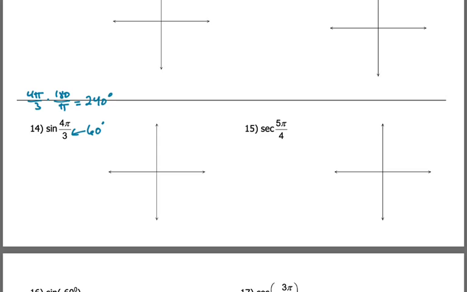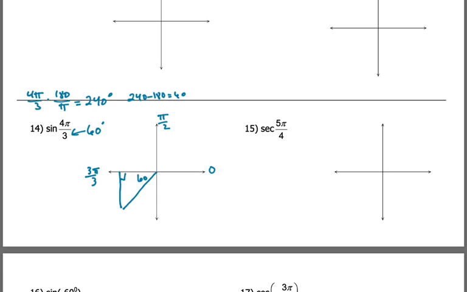Another way to do that is just using your pi over 3's. This is 0, this is pi over 2, this is 3 pi over 3, or pi, and so 4 pi over 3 is going to be over here in this quadrant, which is where 240 degrees would be. And then this is your reference angle, that's 60 degrees. Basically, if you do 240 minus 180, you get 60.